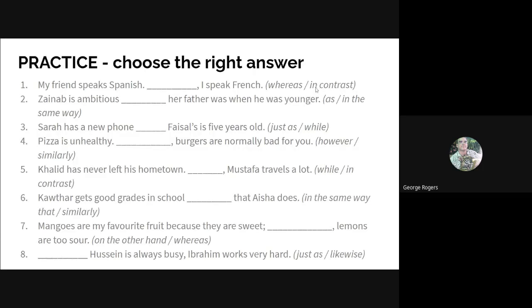So in this one, in contrast, because whereas is a subordinator. Remember, I told you to remember that table, J-A-W. So we have a W word, that's a subordinator. So in contrast.